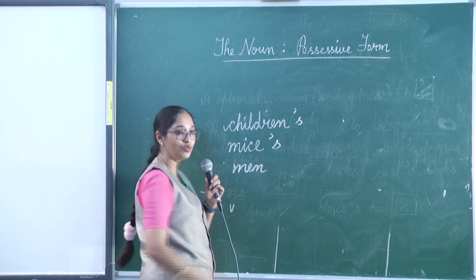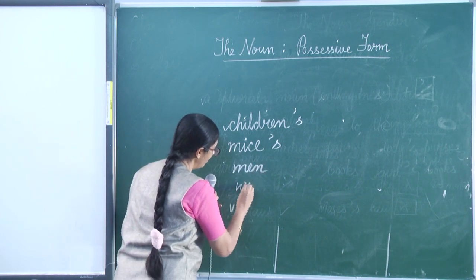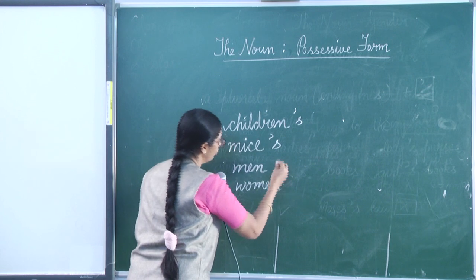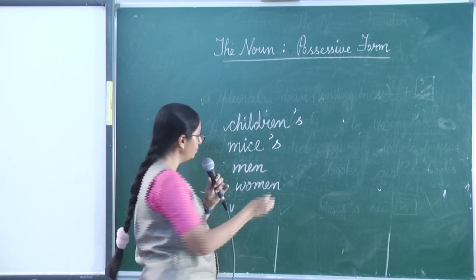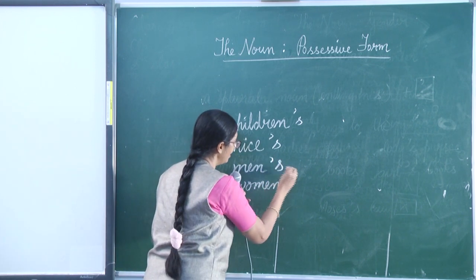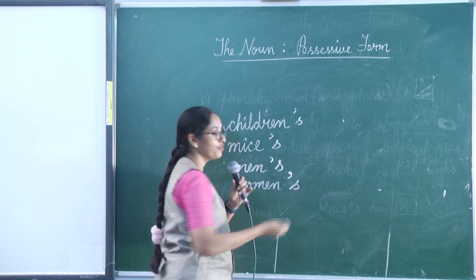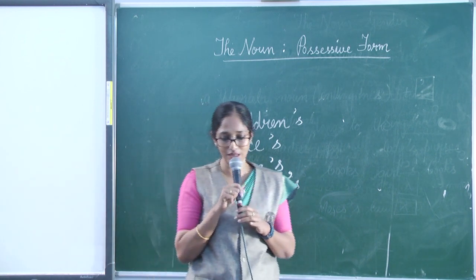Men, it is plural. Women, another plural. So if you want to show the possessive form, you need to add apostrophe and S.